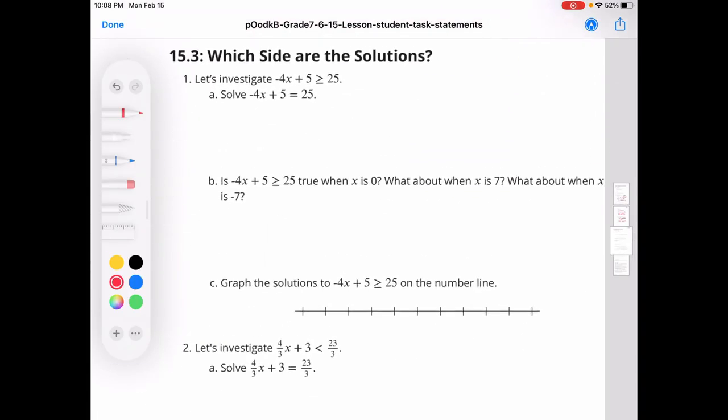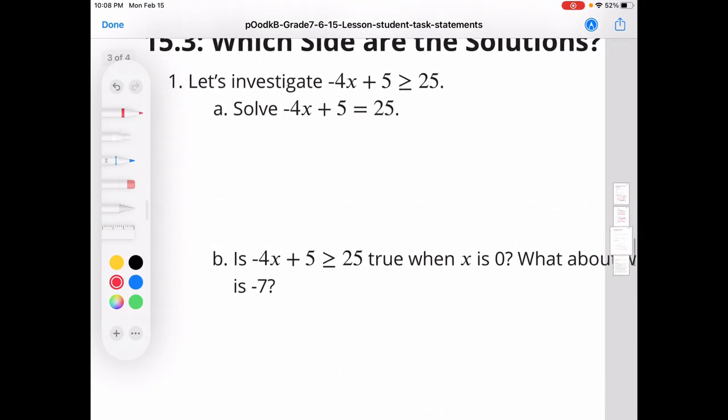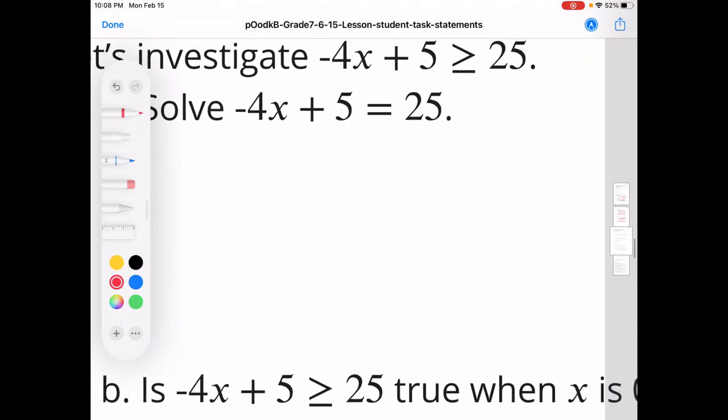So on number 1, it says, let's investigate. Negative 4 times x plus 5 is greater than or equal to 25. So first we can always check to see what x would have to be in order for it to be equal to 25. So we just solve this like a normal equation using inverse operations.